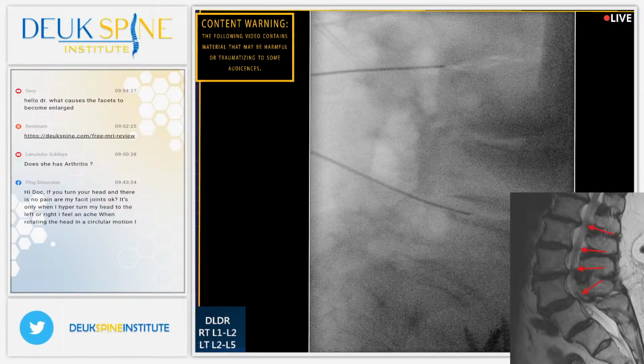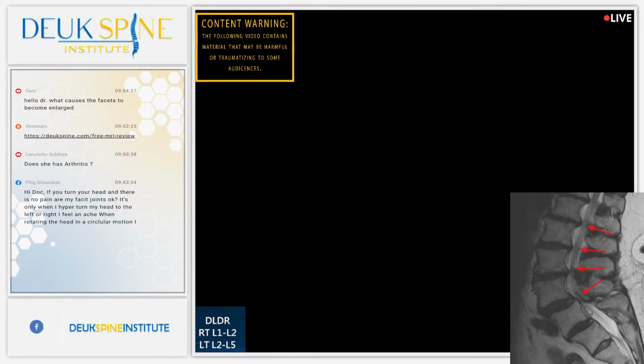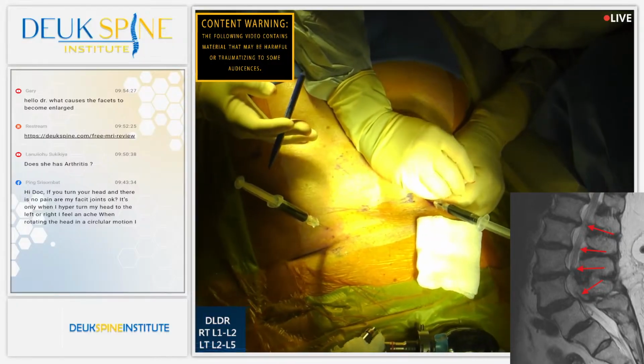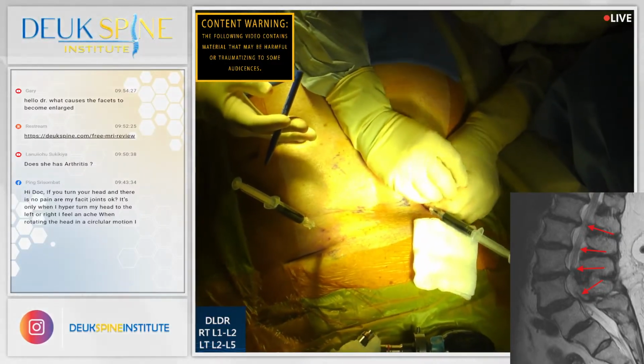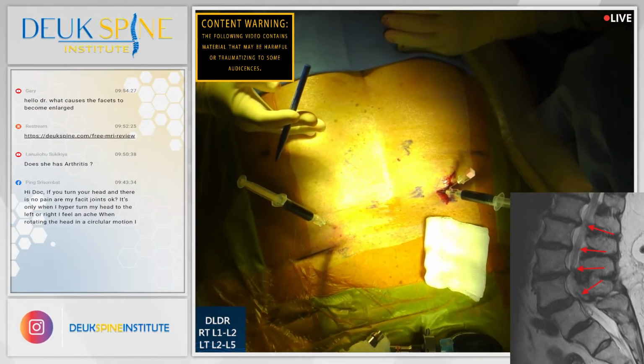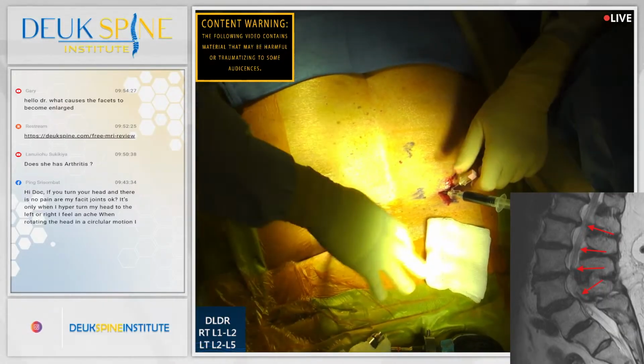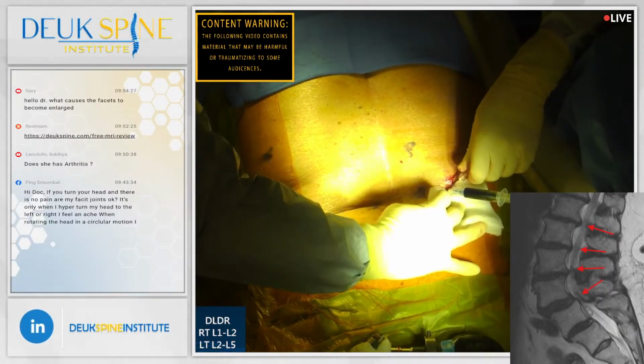Are you comfortable? How long have you had back pain for? How many years? 10 years? Still trying to get that other needle to go in. See, it's sitting right at the back of the disc at L2-3.